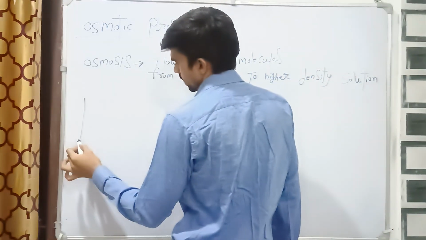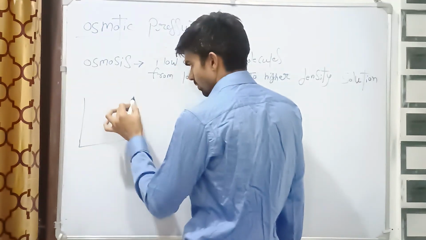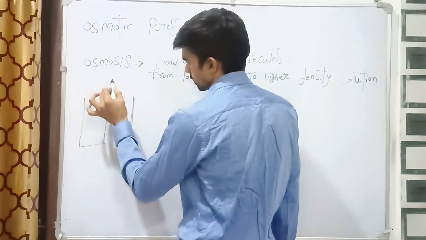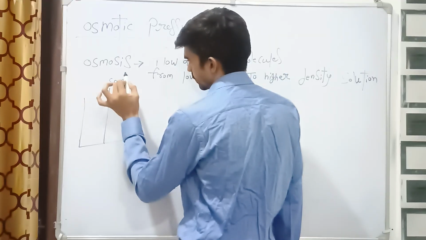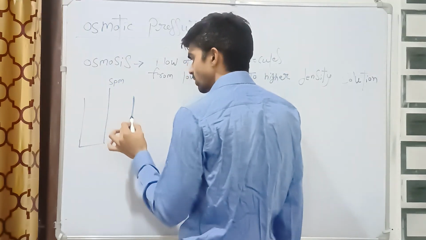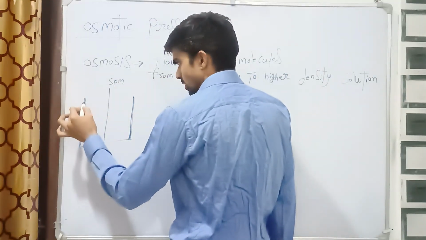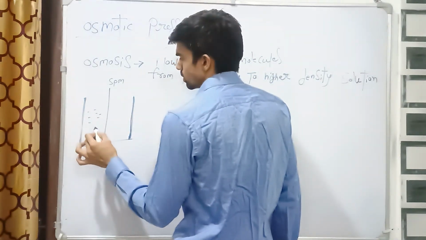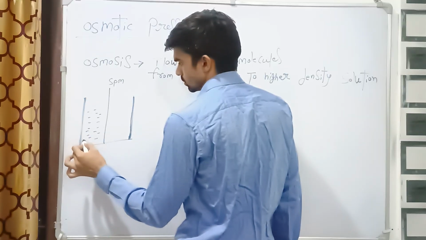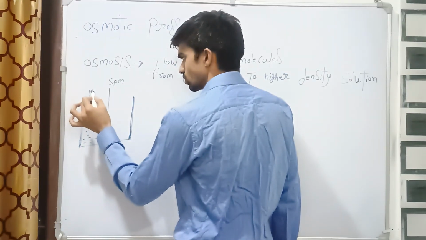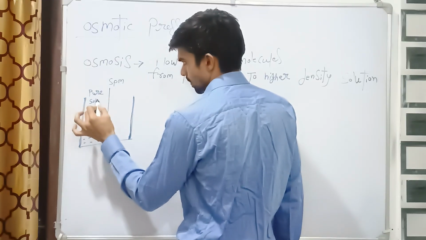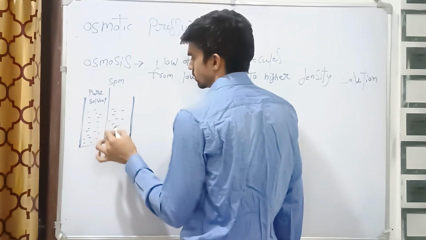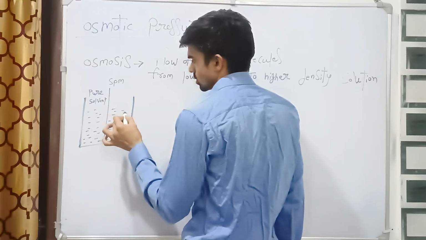Let us consider, if you take a tank and separate that tank by a semi-permeable membrane, SPM, which allows only solvent molecules to pass. On one side pour pure solvent, and on another side put the sea water, that is high density solution.